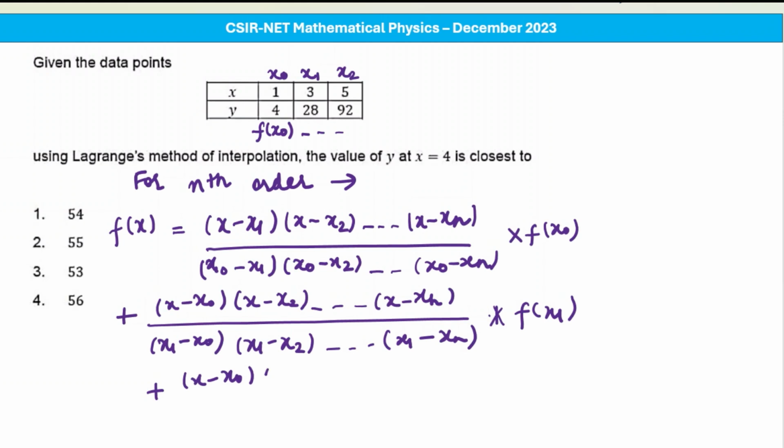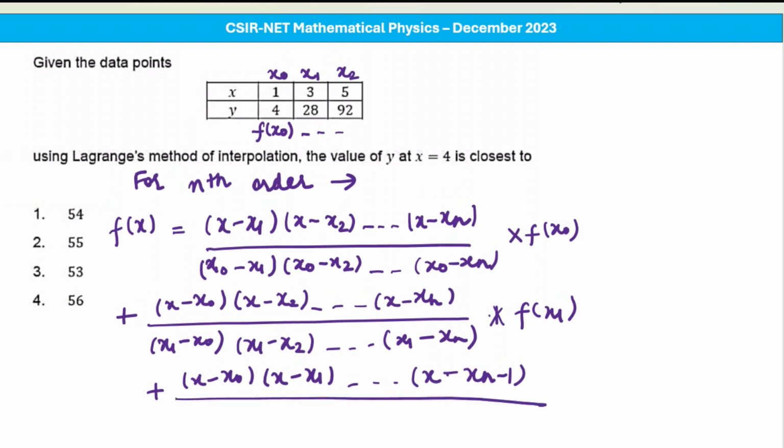x minus x naught, x minus x1 up to x minus xn minus 1, upon xn minus x naught, xn minus x1 up to xn minus xn minus 1.